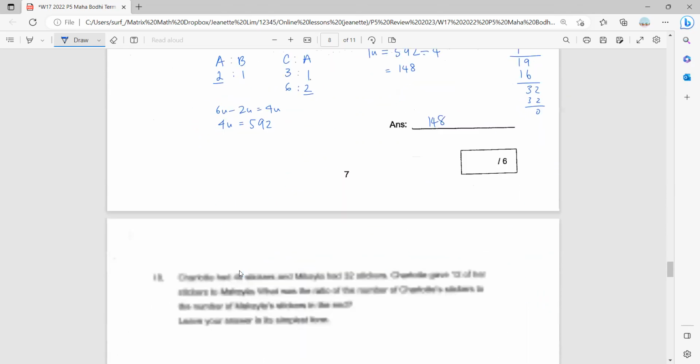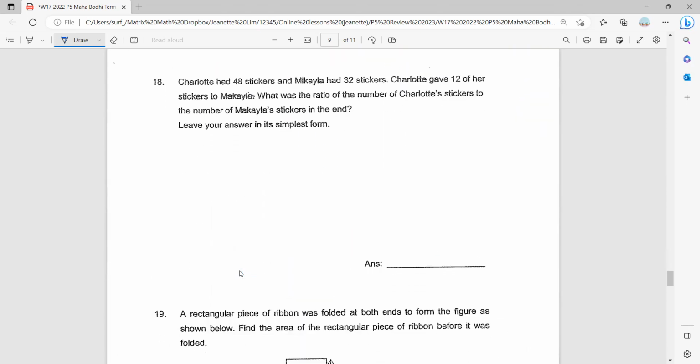Question 18. Charlotte had 48 stickers and Michaela had 32 stickers. Charlotte gave 12 to Michaela. What's the ratio of Charlotte to Michaela in the end? All right, so first I'm going to show it in before, change, after.